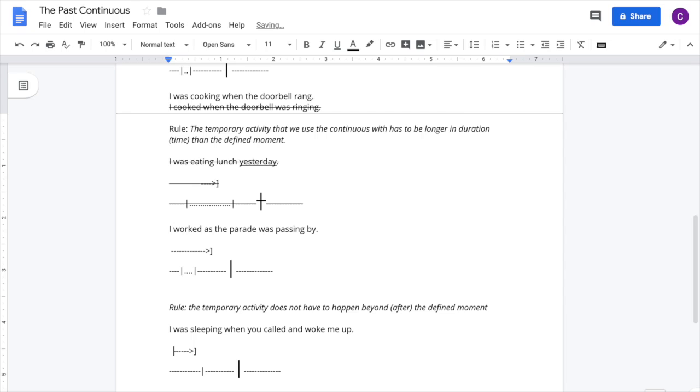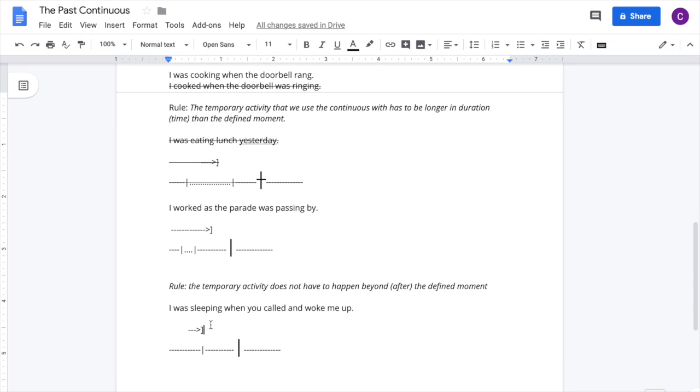So who knows? Maybe they just slept for 2 minutes. Let's make two little dots here. They slept for 2 minutes, for example. But that would still make it longer than this thing of calling and waking them up. Woke them up on the first ring, but it's still slept for 2 minutes. That is still longer.